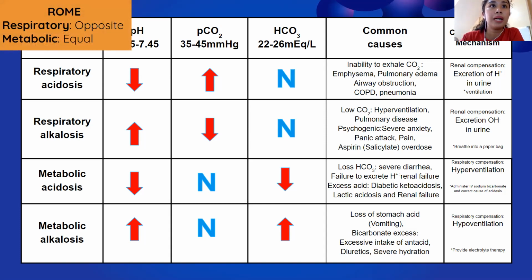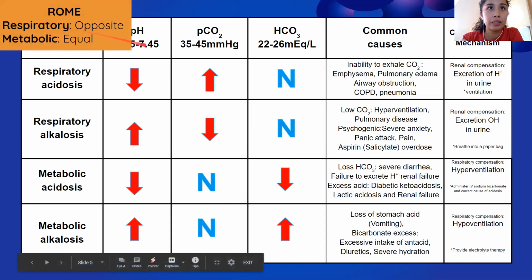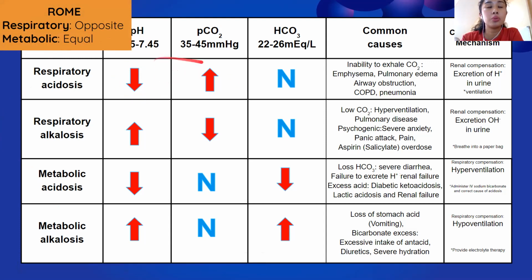So, in respiratory, expect the pH and PCO2 to be in opposite directions. So, in acidosis, the pH goes down and the carbon dioxide goes up. In alkalosis, the pH is high and the carbon dioxide is low. Notice?